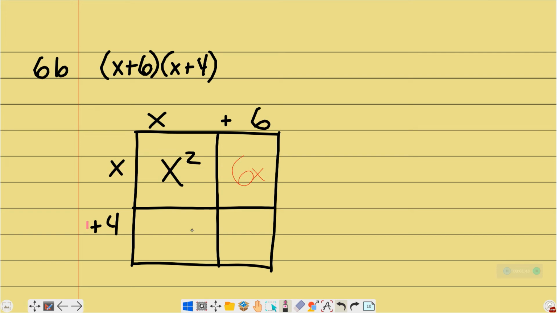In this box, I want 4 times x, which is 4x. And in this last box, I want 4 times 6, which is 24. Then I add my pieces together. X squared plus 6x plus 4x plus 24.